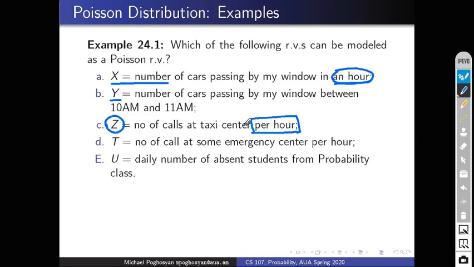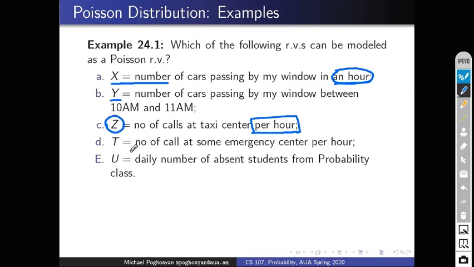In the night, Z will be very small, and during the day, Z will be high. So it is not wise to use the Poisson distribution to model Z.